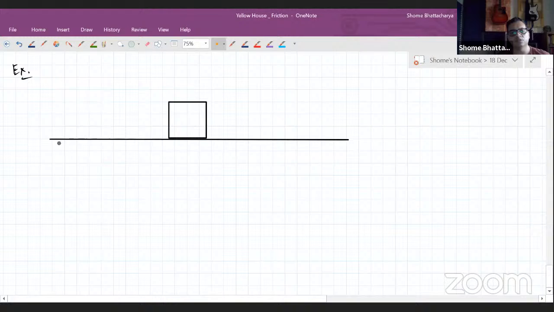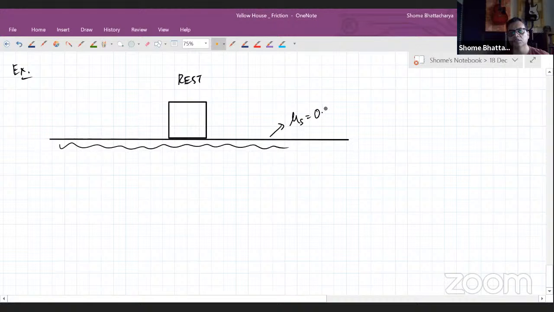But this time some values are given to us. The block is at rest initially. And this surface has coefficient of static friction given to us as 0.4, whereas the mass of the block is 5 kg. And we'll take the acceleration due to gravity as 10 meters per second square. So first of all, this block is at rest initially.